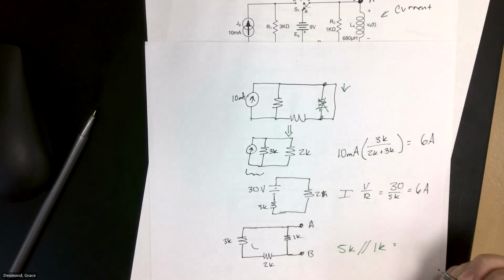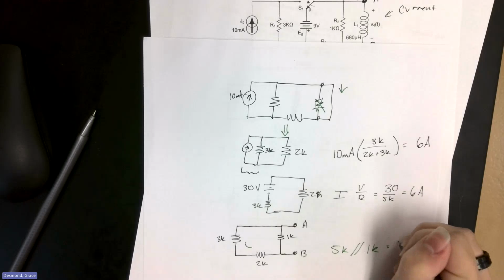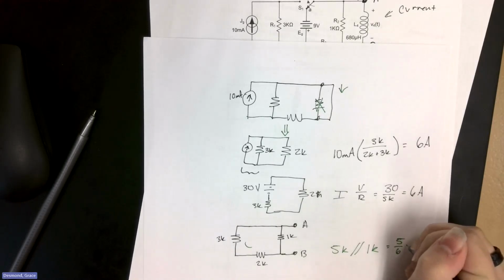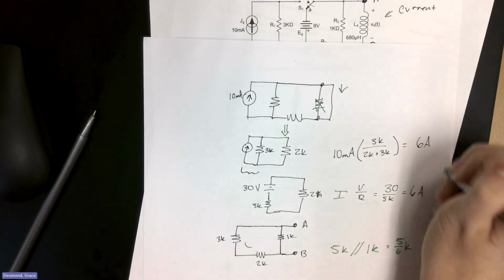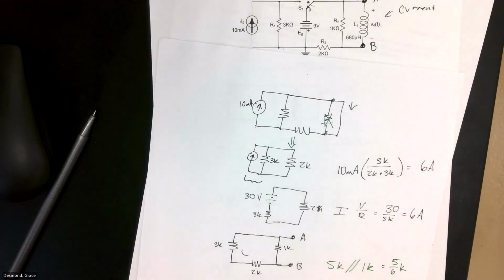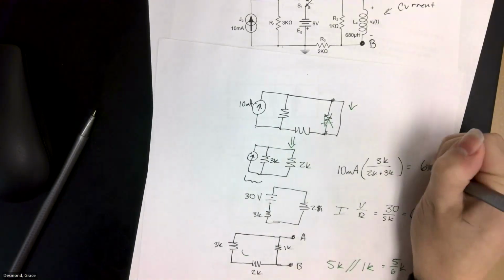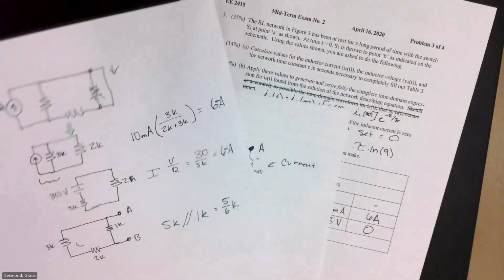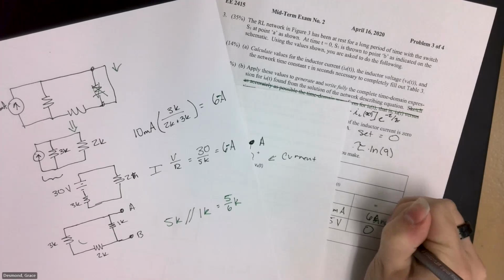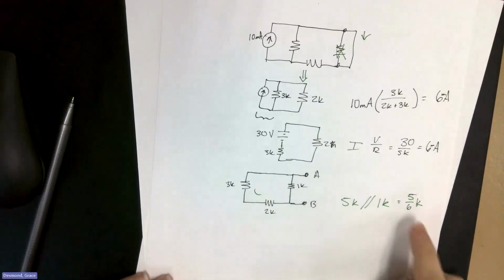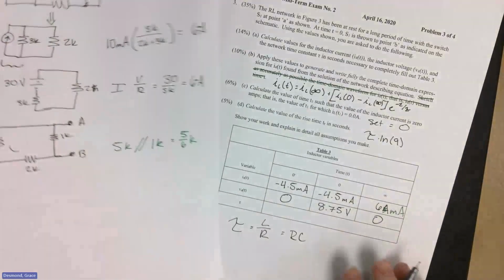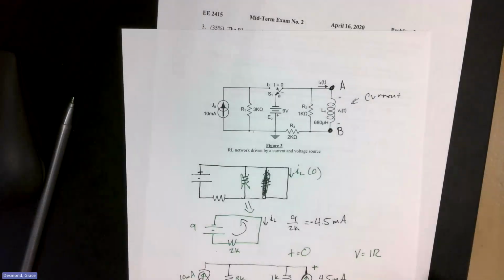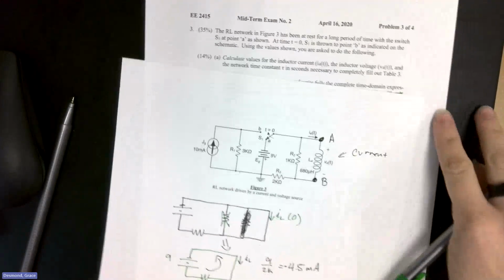5, 6. Cool. Oh, is it 6 milliamps, not 6 amps? Yes. Milliamps, good catch. So now it's that divided by L, which our L is 680 microhenries.